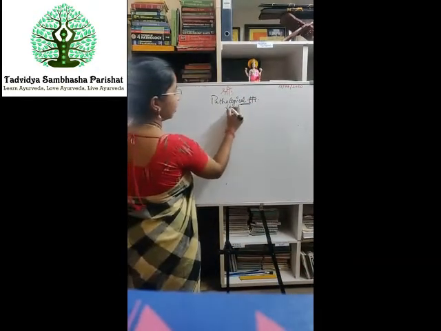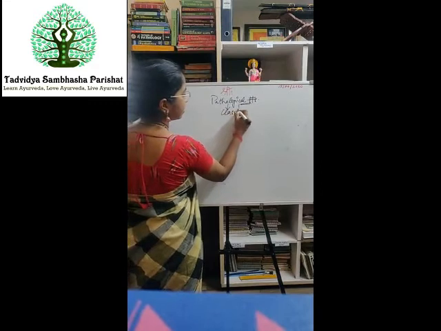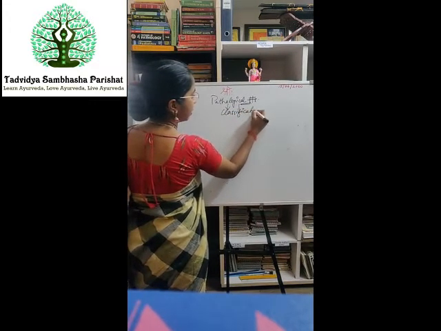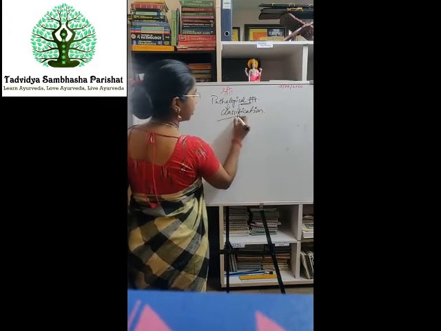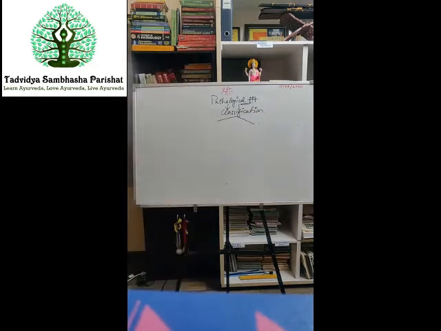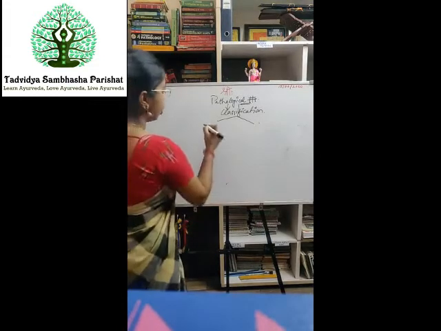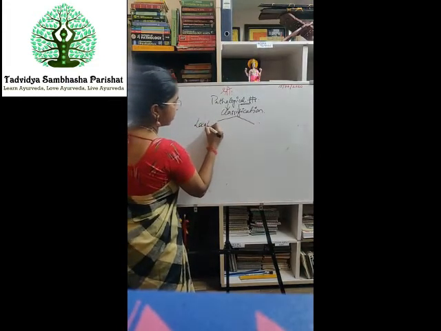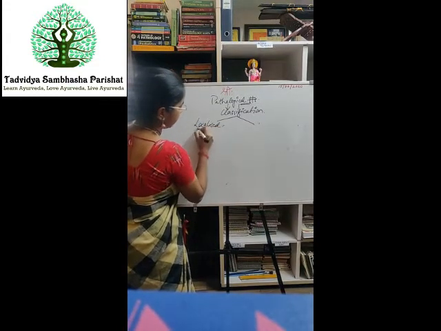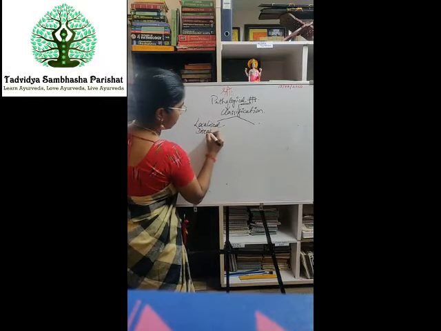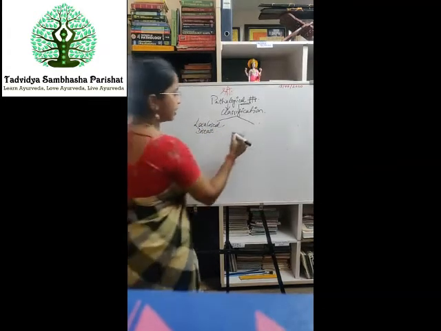Okay, now we will see the classification of pathological fracture. It is classified into two, based on the etiology. The first is localized disease, and the next is a generalized one.